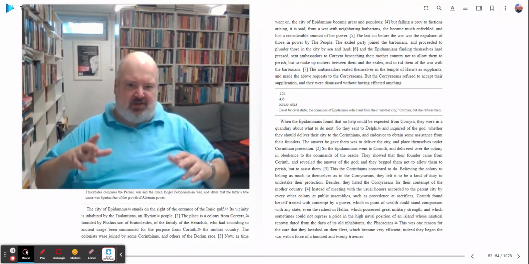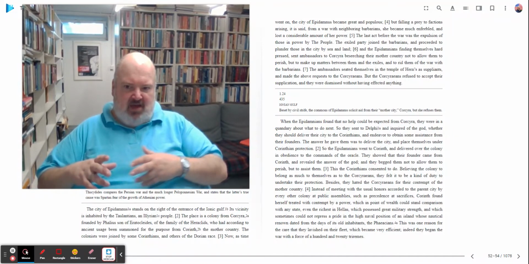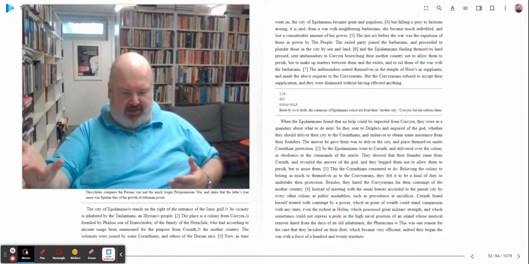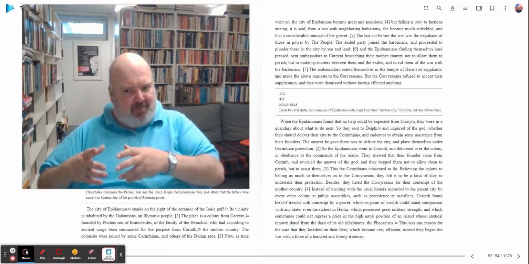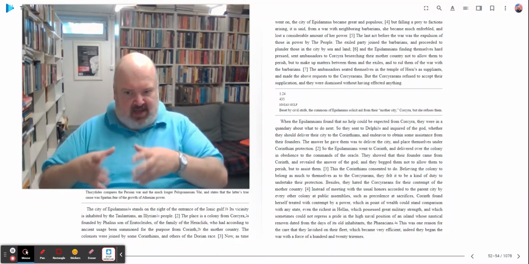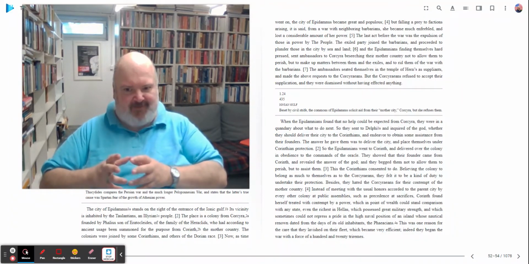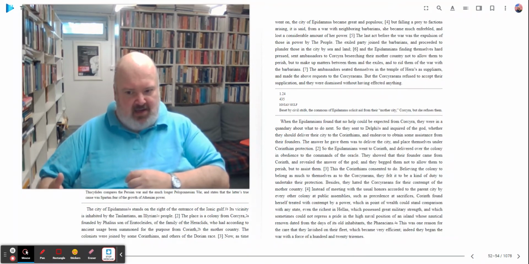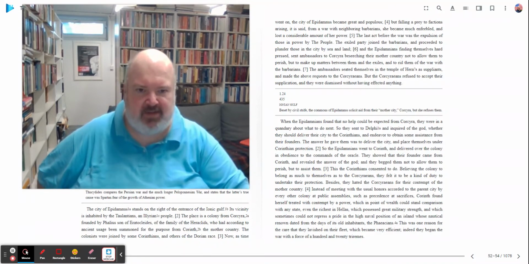So there's this city, a colony of a colony, a mixture of peoples, and then they had a conflict with the neighboring barbarians. They lost to the barbarians because the colony started fighting with each other, different factions, the Dorians, the Corinthians, and the Corcyraeans.